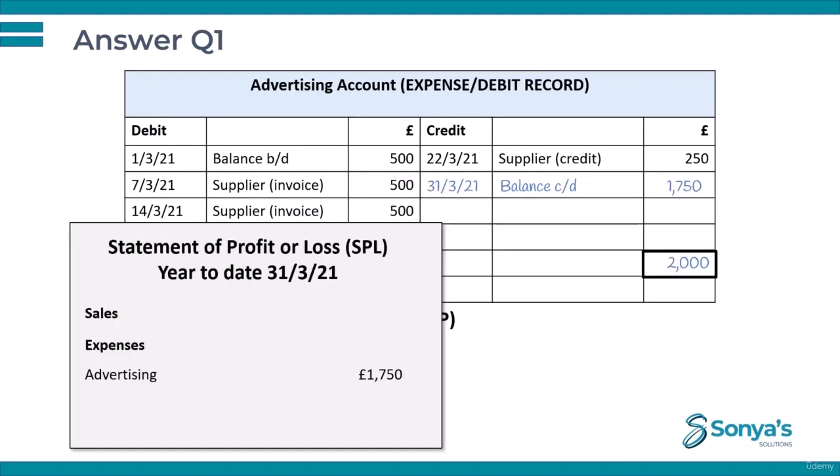The business can prepare a statement of profit or loss that covers any period of time. This one is telling us that so far this year, that's up to the 31st of March, £1,750 has been spent on advertising.